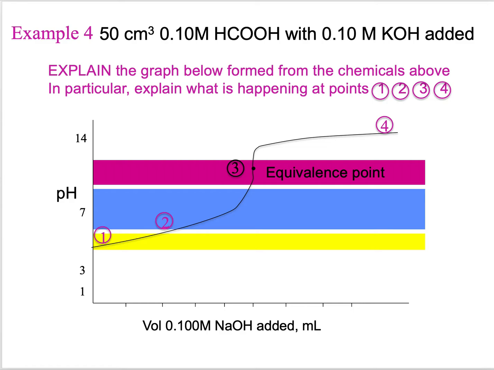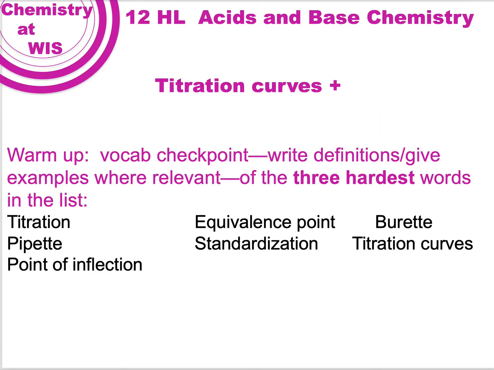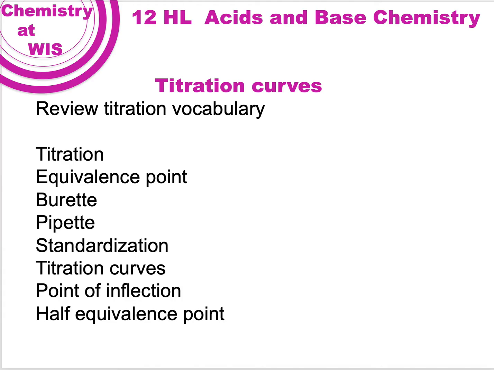You've got methanoic acid, a weak acid, and you've got a strong base here. And go through vocabulary. It asks for you doing the 3 hardest there. Make sure you know the other ones as well. And review the titration vocabulary.